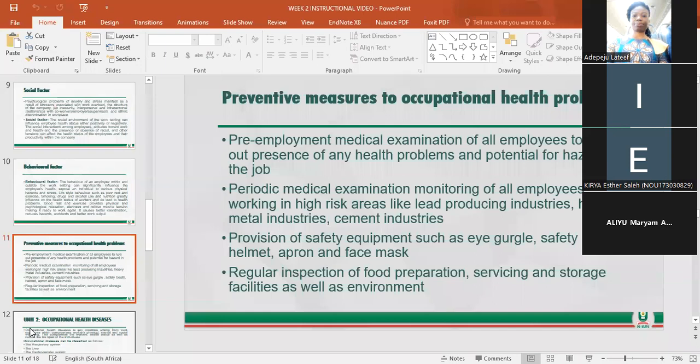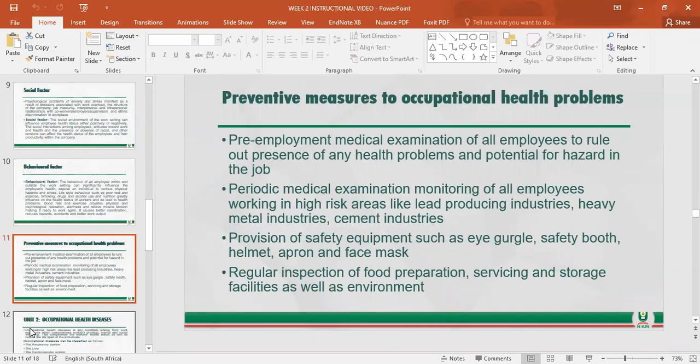It's worth a lot more than treating a case that you allow carelessly to happen. So the 2 major ways by which you can prevent it, the first is pre-employment medical examination.